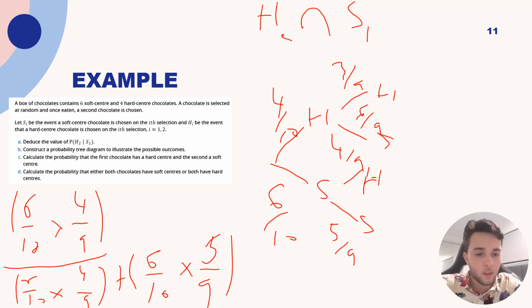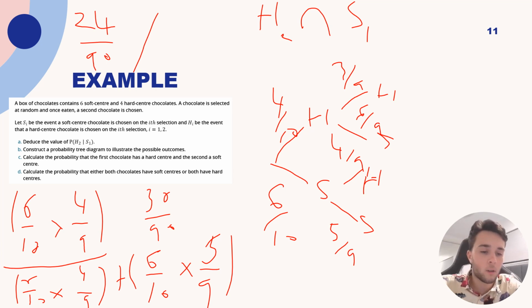And then if you get a calculator and solve that, you should get 6 times 4 is 24 over 90, divided by, same thing, 24 over 90 down the bottom, and then 6 times 5 is 30, so 30 over 90. 30 over 90 plus 24 over 90 is equal to 54 over 90.